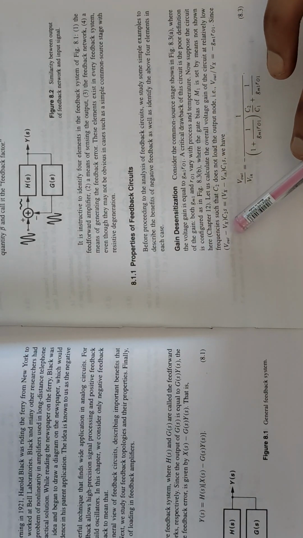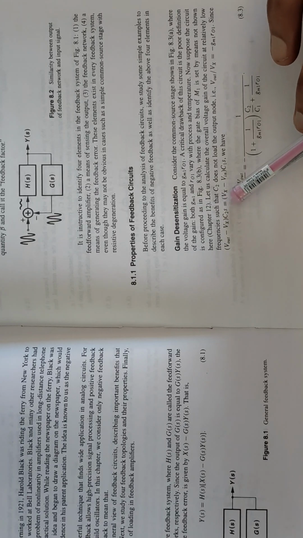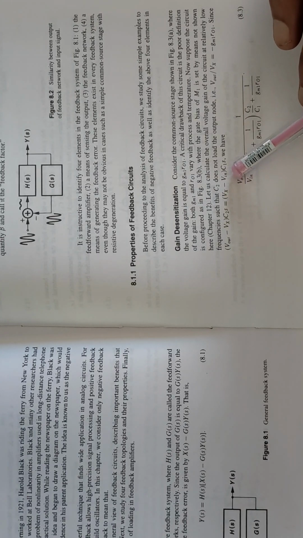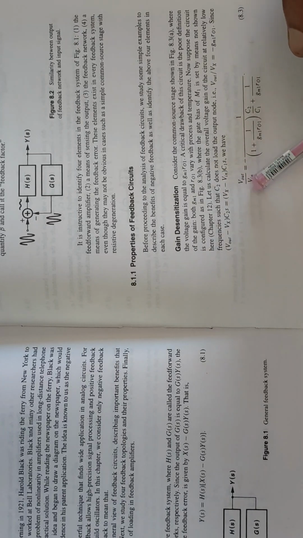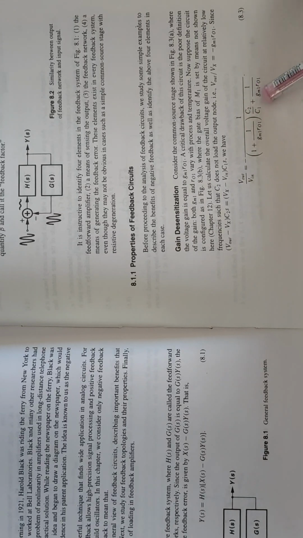Since (Vout - Vx)C2 is equal to (Vx - Vin)C1, we have Vout/Vin equal to -1/(1/(Gm1 R01) + C2/C1 + 1/(Gm1 R01)).